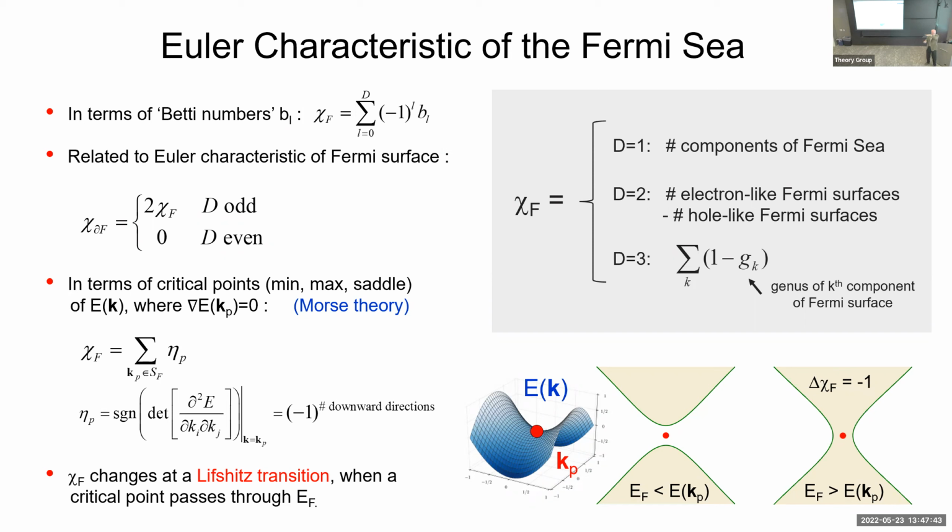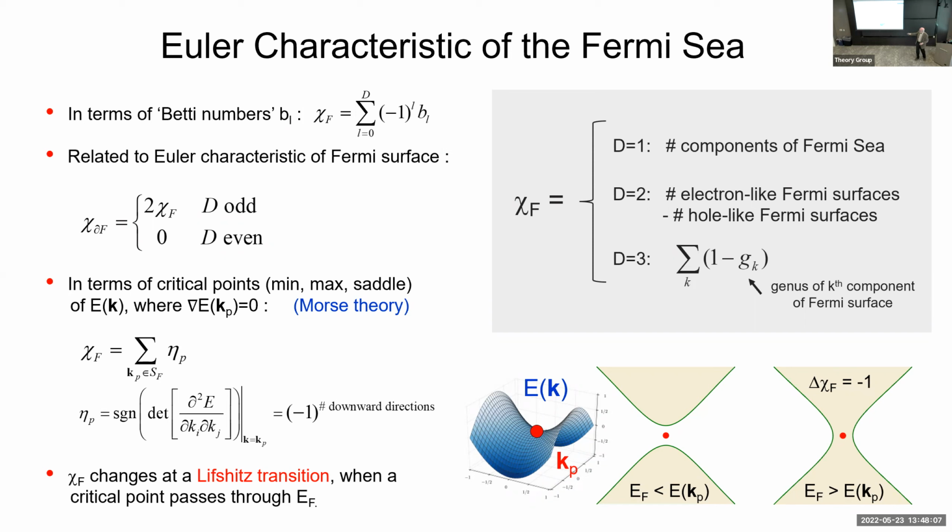You cut it at some energy, you get the Fermi surface, and what Morse theory tells you is that the topology can be related to the critical points. It's basically adding up the critical points with a plus or a minus sign depending on the signature of the critical point, which basically counts the number of downward directions.